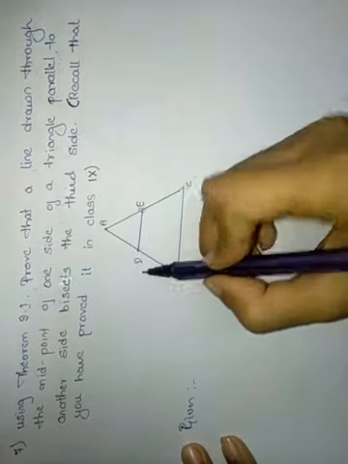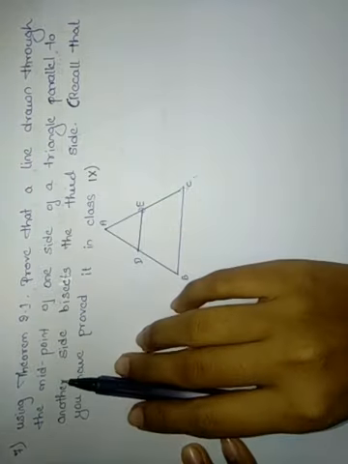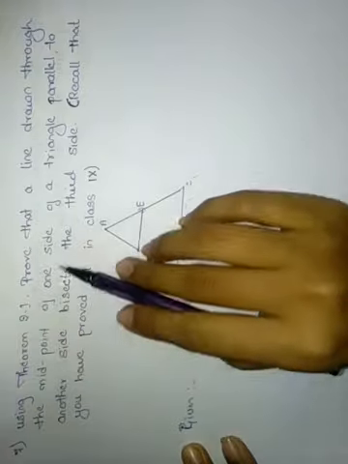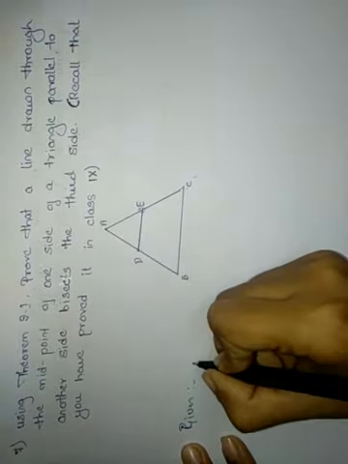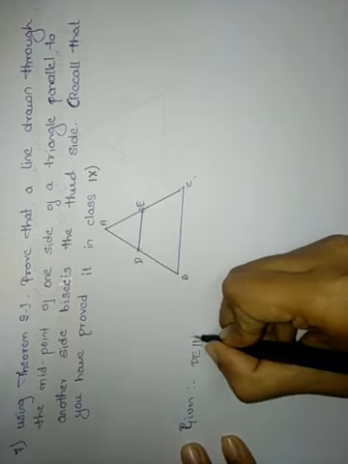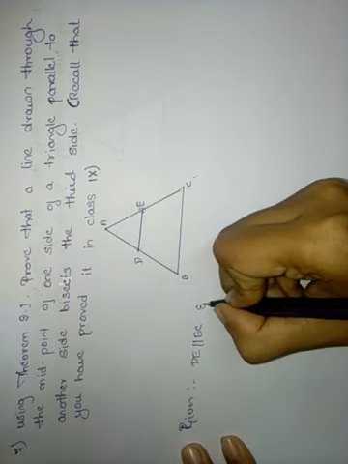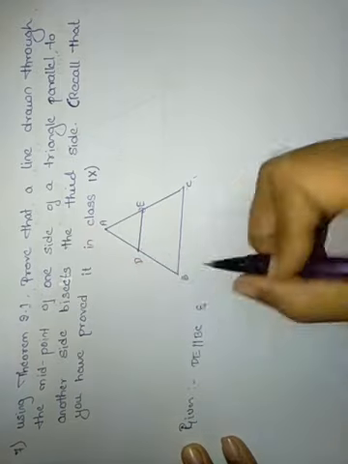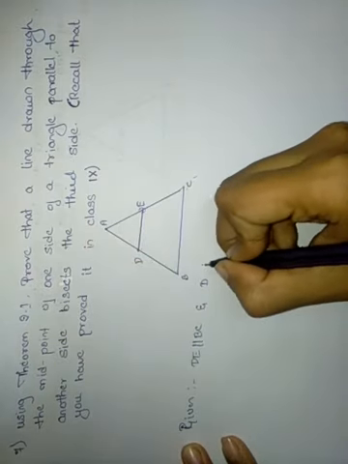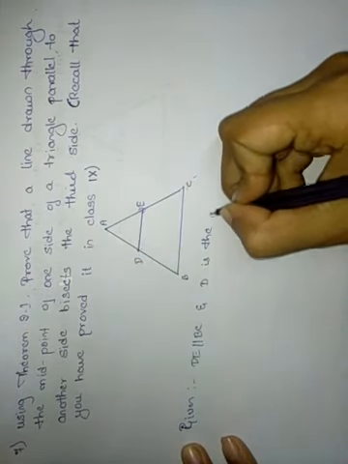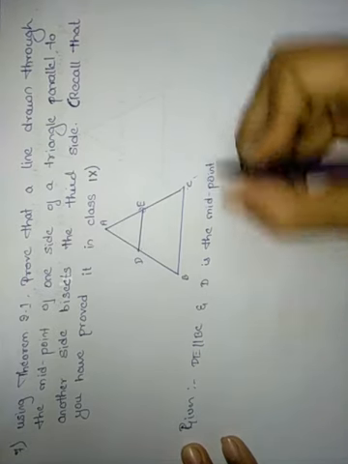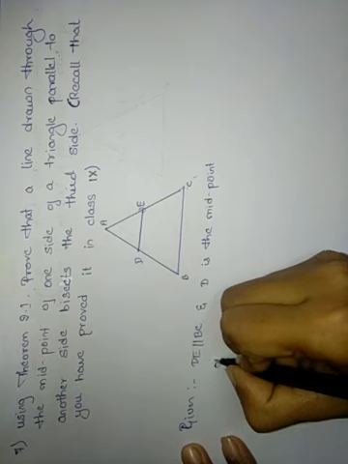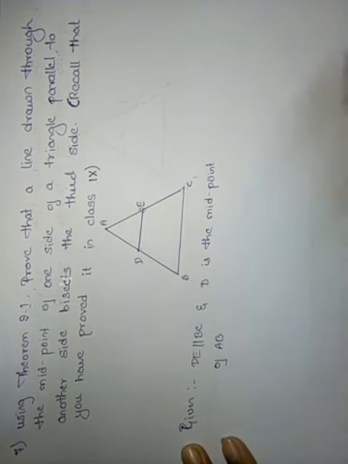Here they have given DE, the line drawn through the midpoint of one side of the triangle, that is parallel to one side, right? So DE is parallel to BC here, and they have given the midpoint, so we take D as the midpoint of AB, right?